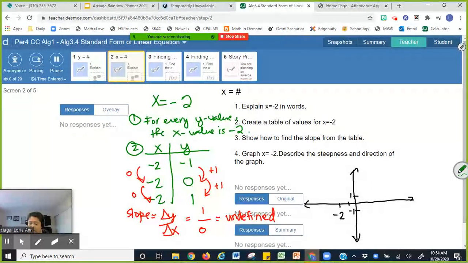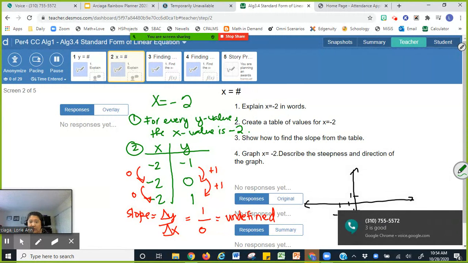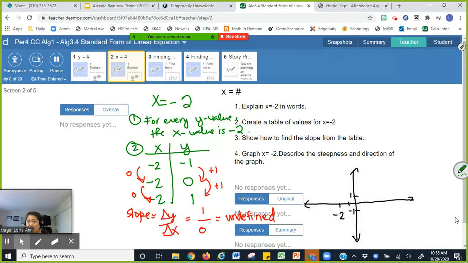The first pair is -2, -1. So let's put that here. Then -2 for x and 0 for y. Stay there. And then -2 again, but go 1 up.